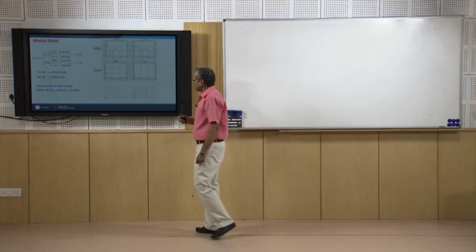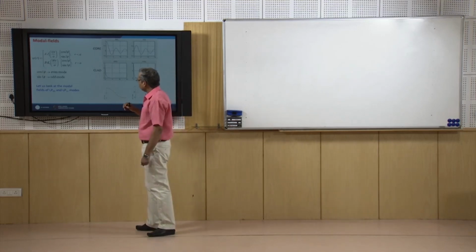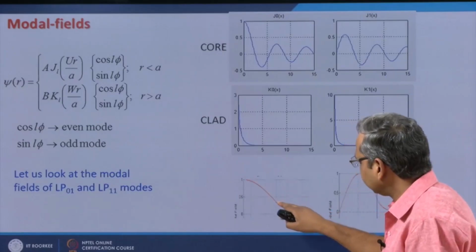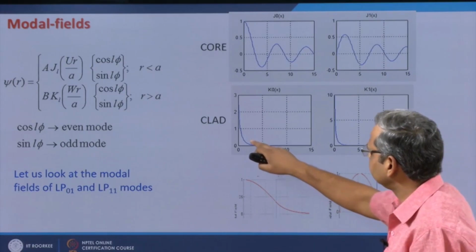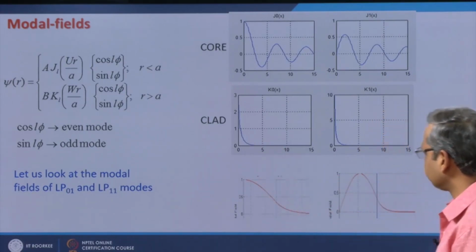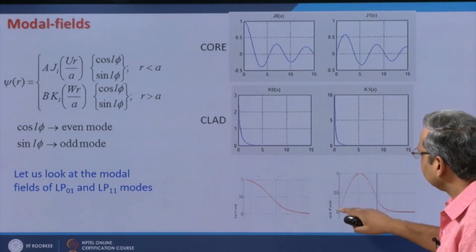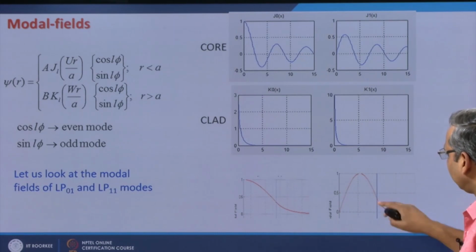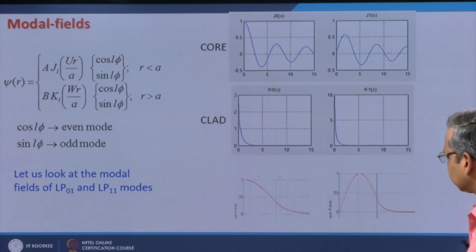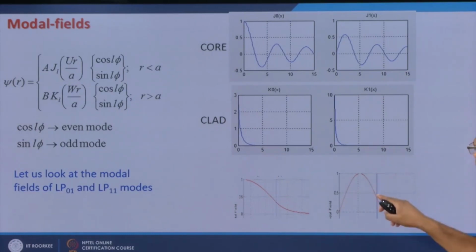So, for LP01 mode in the core the field will go like this, and in the cladding this function will take over. For LP11 mode the field in the core would be given by J1, so it would go like this without any 0 except a 0 at R equal to 0, and then this K1 function will take over. This is how the radial part of the modal fields would look like.